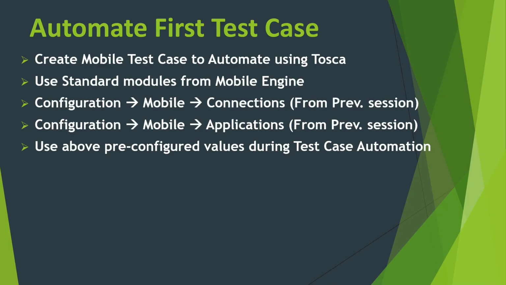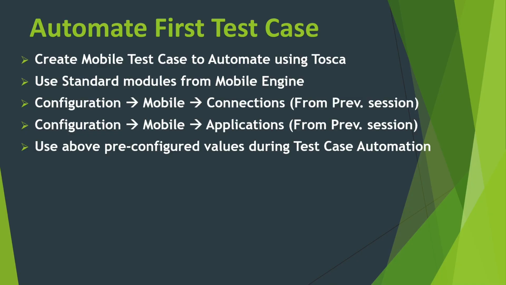So I would recommend you to visit lesson 4 before you watch this session. And then we are going to use the above pre-configured values which are coming from connections and applications during test case automation. So now, without delay, let us jump onto the system and let us automate our first mobile test case by using Tricentis Tosca.